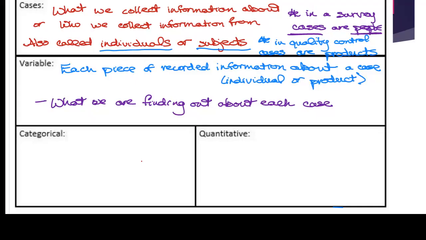And then we have different kinds of variables. We have categorical and quantitative.